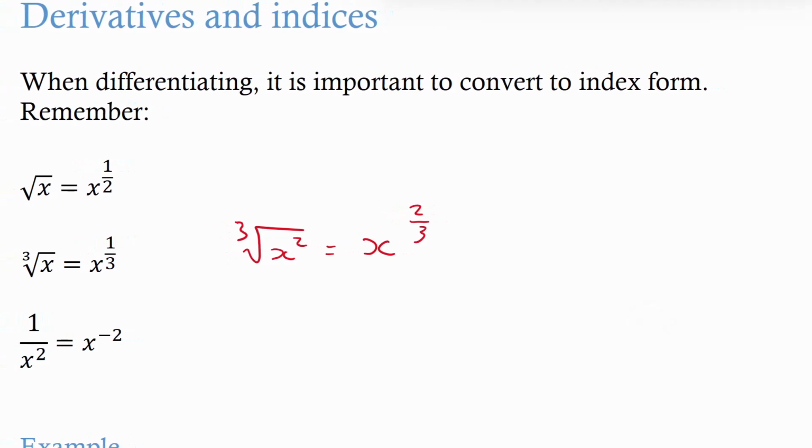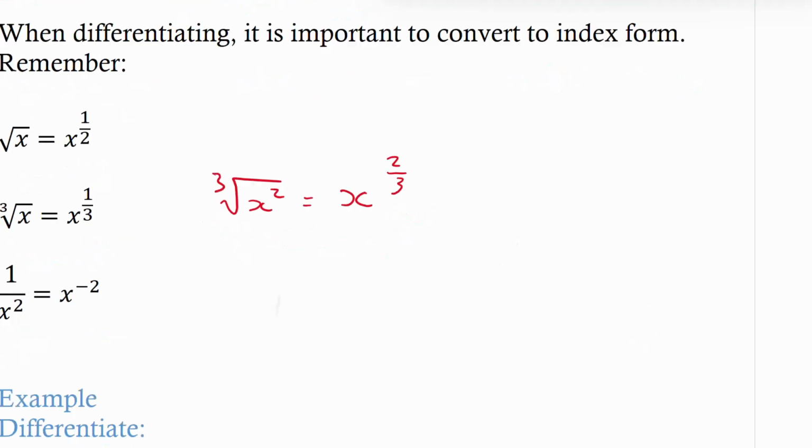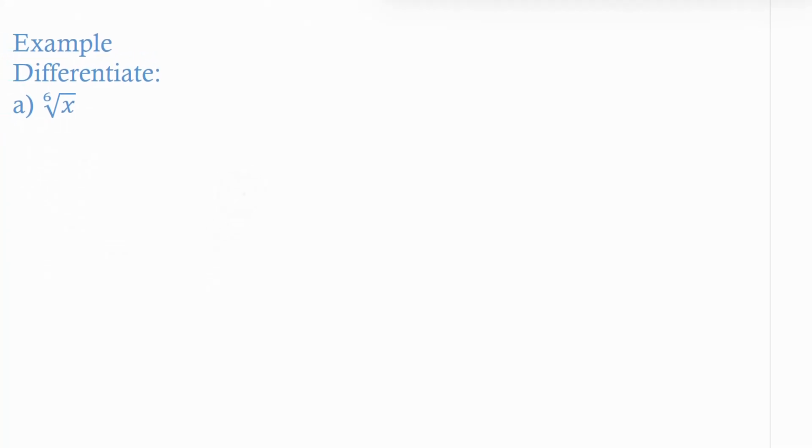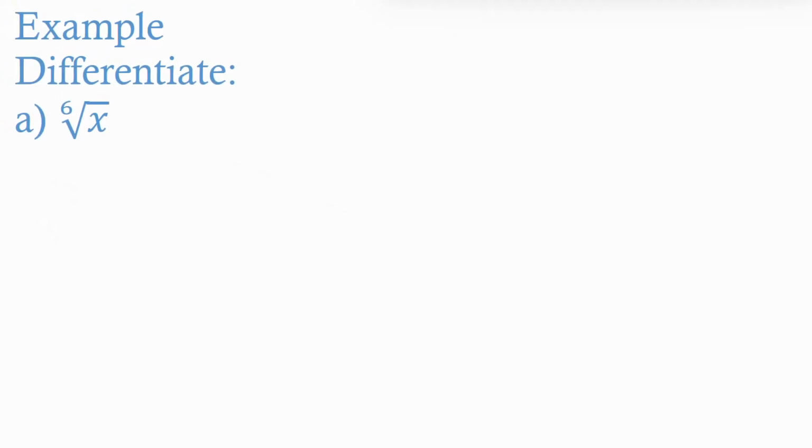So let's go to the first example. We're going to differentiate 6 root x. The first thing we want to do is convert that to its index form. So if we have 6 root x, that's going to be the same as x to the power of 1 over 6.